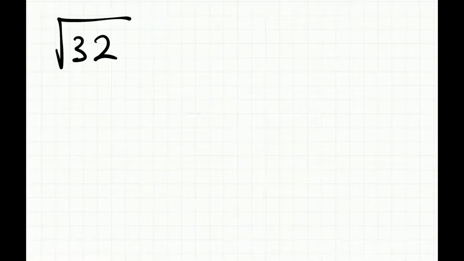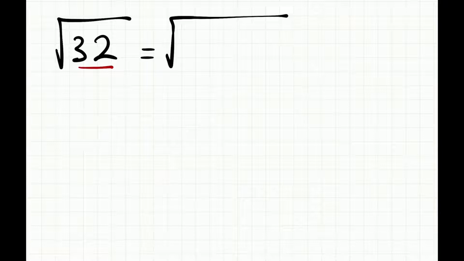Let's do a couple more examples. Let's say this time I have square root of 32. Let's break this down. In terms of a combination that multiplies to give 32, 16 multiplied by 2 gives us 32, 16 being a square number. The idea is that you want to choose the biggest square number possible.